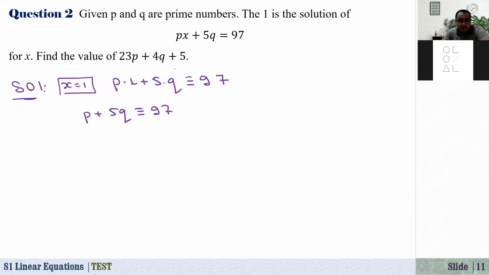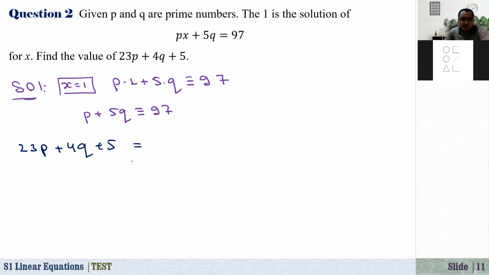So, okay. 23p plus 4q plus 5. px plus 5q equals 95. Okay, let me just continue here. So here we have 23p plus 4q plus 5.